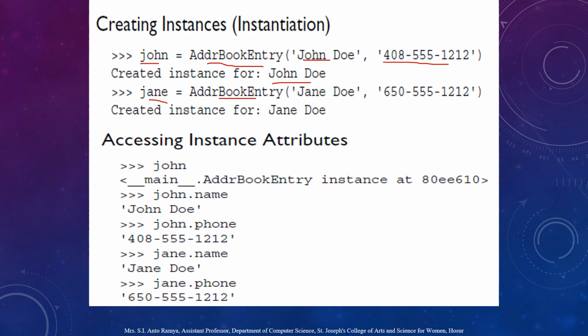Now to access that instance, we pass a variable and access it through that. When you say John dot name, it will display John Doe. John dot phone is going to display the phone number of John. The same thing for the second one: Jane dot name is Jane Doe, and Jane dot phone gives the phone number.